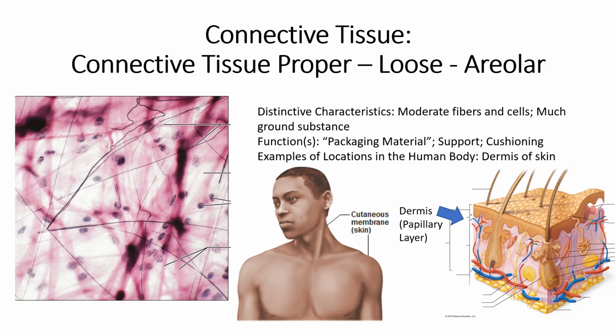And so you can see there's quite a lot of it. Where you see the more defined, darker pink where it looks like strings or little coils, those are your fibers. And all the little purple or blue looking dots that you see are your cells.